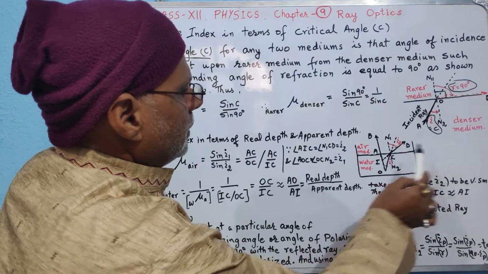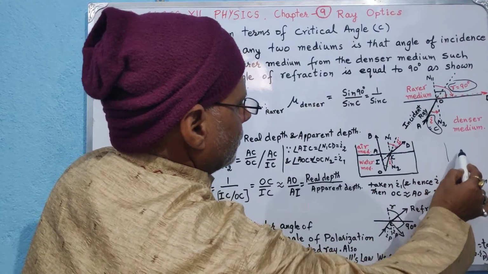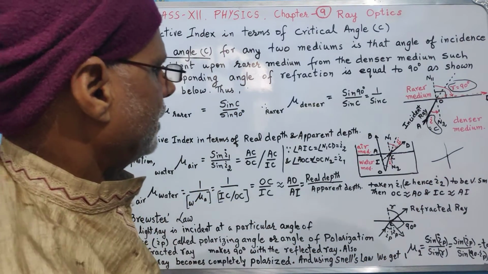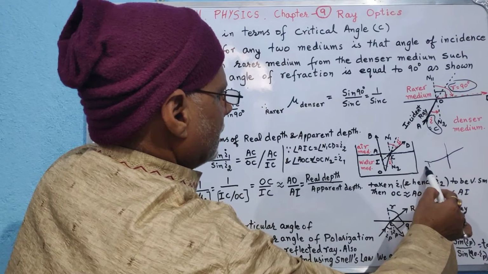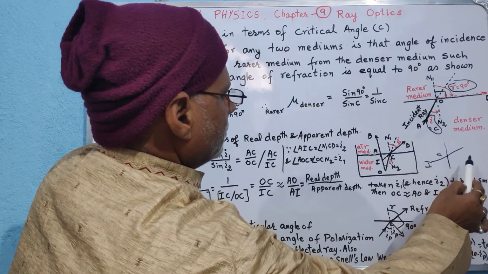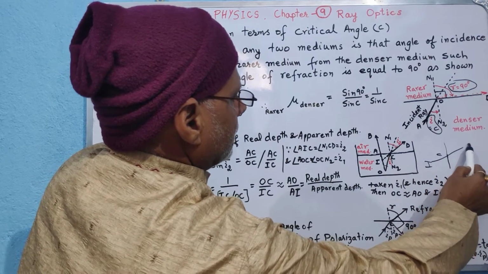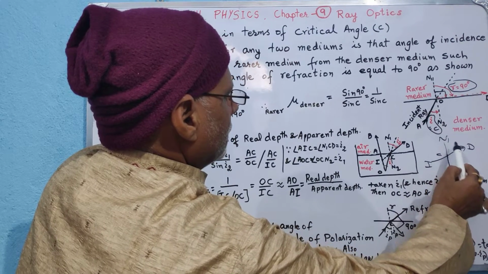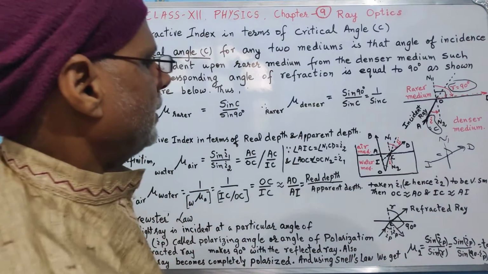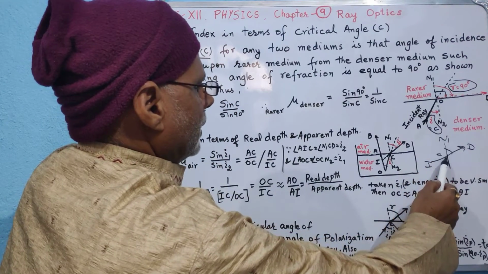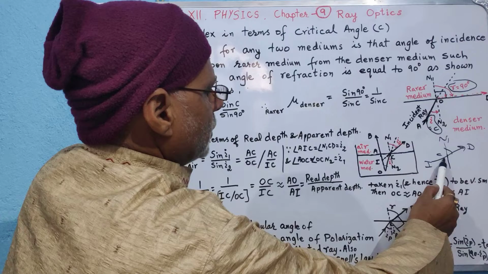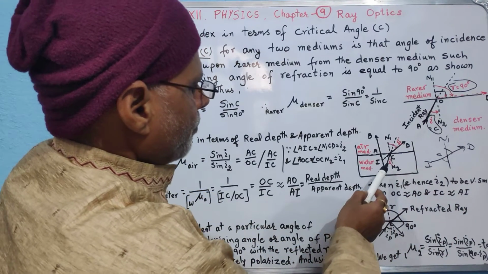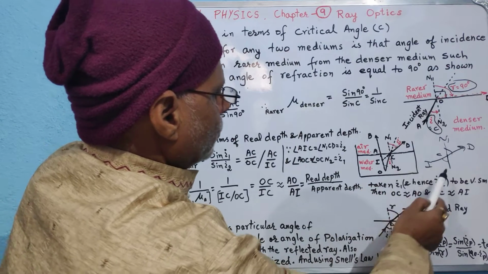You see, we draw a separate line to understand the thing in a better way. We have this line IC, and this is the refracted ray, this is normal. Now whatever angle is between N1CD must be equal to vertically opposite angle ICN2.